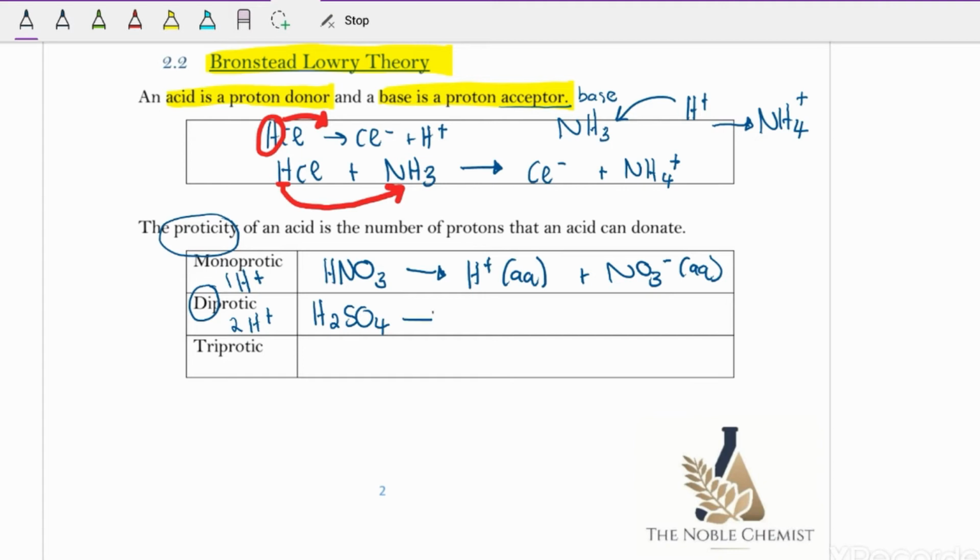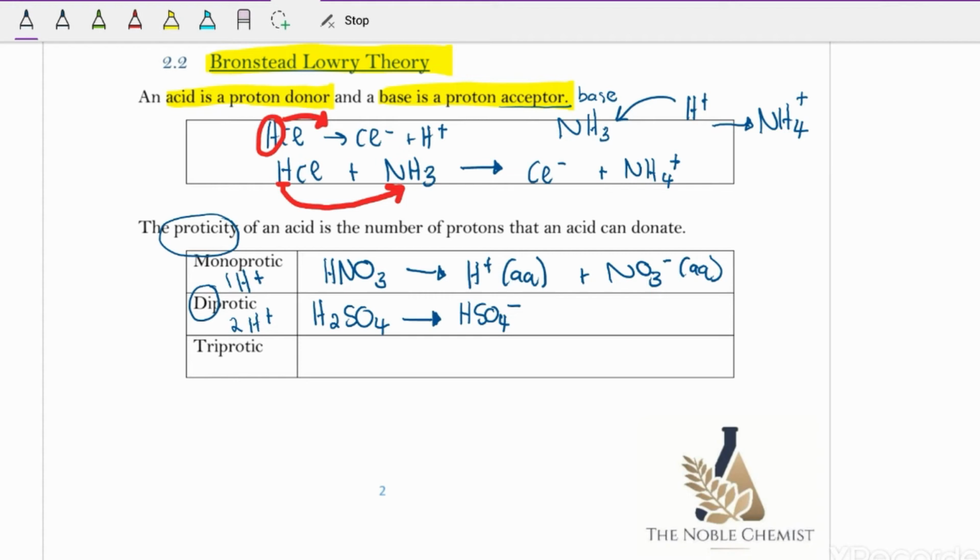With sulfuric acid, with the first protonation, it's only going to give away one at a time. Remember that this now has a neutral charge. As soon as I take away a hydrogen plus, I'm taking away something positive. That's why I have a -1 charge.